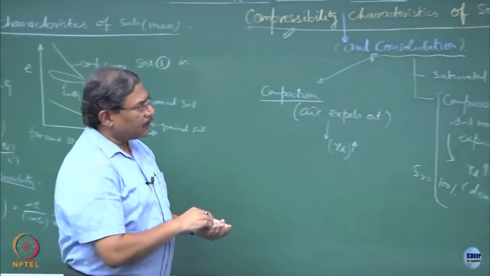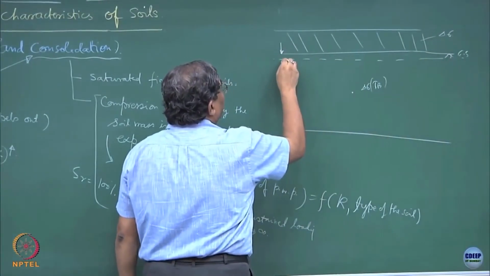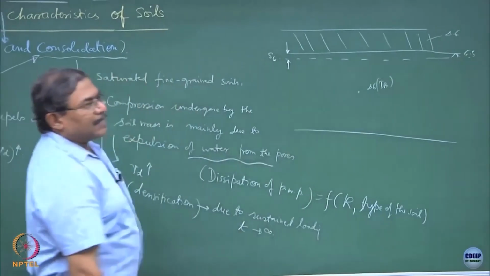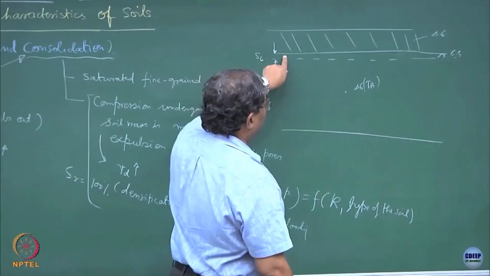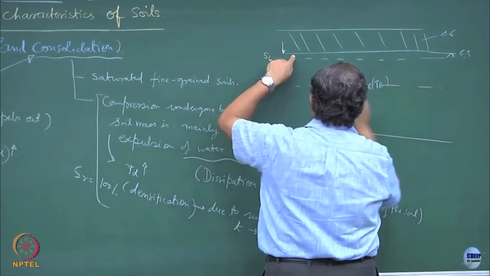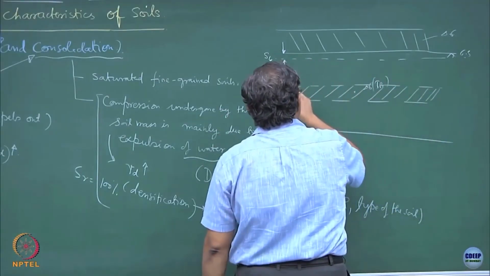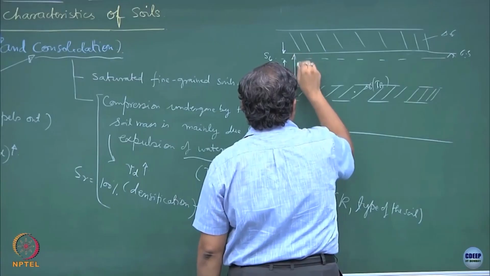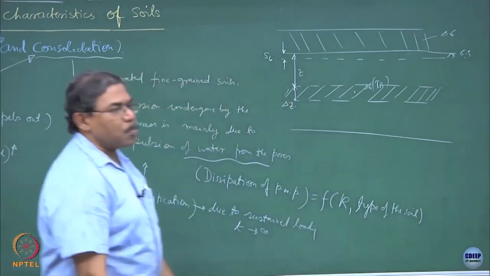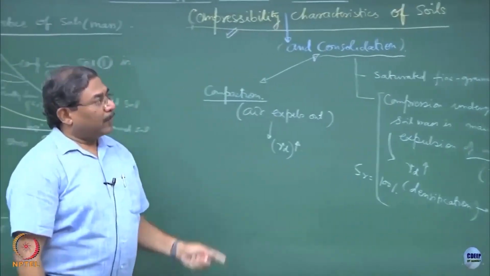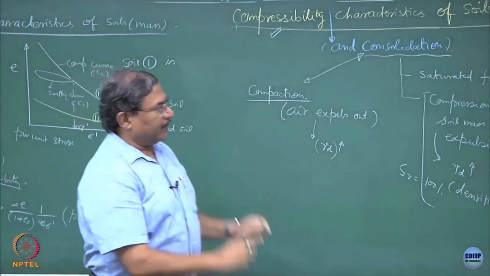So suppose if I consider this type of situation and if I ascribe the settlement undergone as SC, clear, this is the settlement of the system, and if I assume a thin layer of the clay, mostly clays will exhibit consolidation settlement at a depth of Z and made up of, let us say, delta Z. To compute how much settlement the system is going to exhibit, I require two parameters.